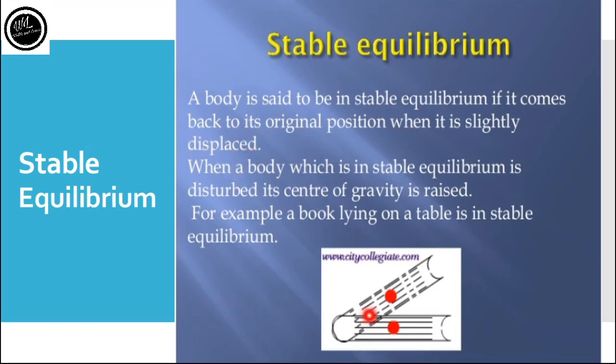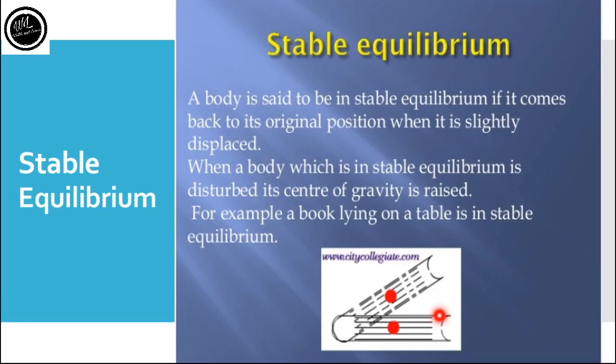Now let's see an example here. This is a book that is lying on a table. As you can see, the book is in equilibrium position. It means that the sum of all the forces as well as the torque acting on the body are equal to 0.